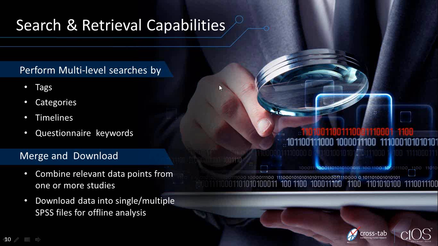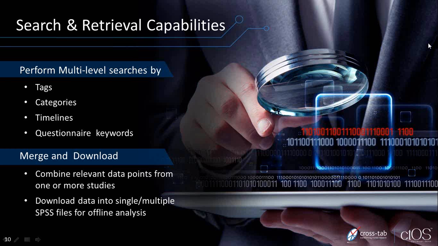So going back, the next thing we'll be seeing is the search and retrieval capabilities. Now that you've seen how to upload this data, store it, and build the warehouse, you can keep on uploading these data sets as you collect data. What kind of search is possible?